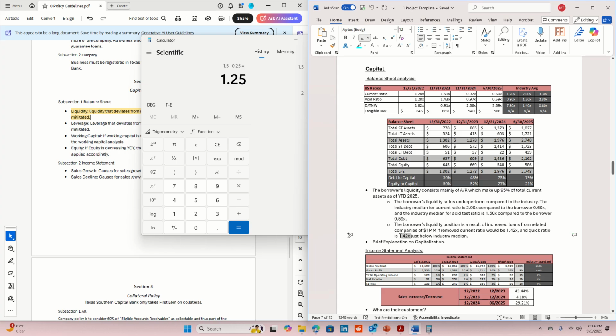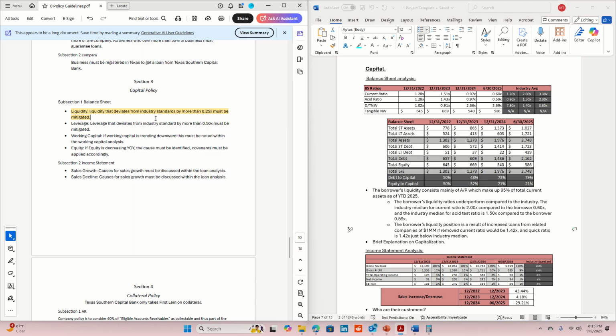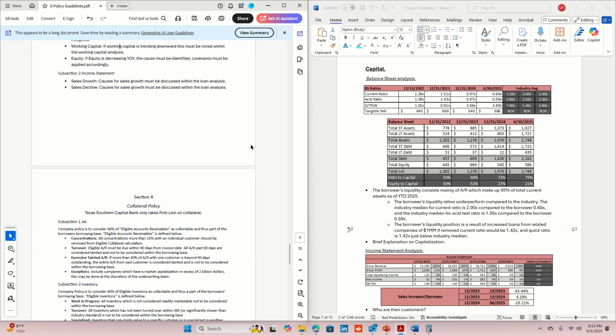So they exceed the requirement, or our policy. They exceed our policy for the quick ratio, but they don't exceed our policy for the current ratio. Okay. Liquidity that deviates from industry standard more than 0.25 must be mitigated. Okay. Good.